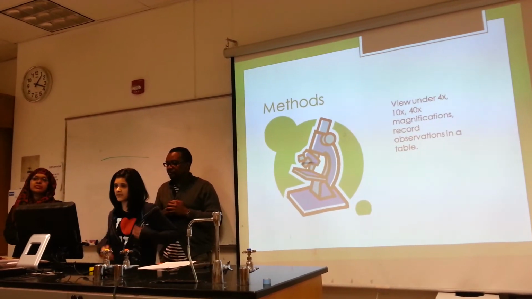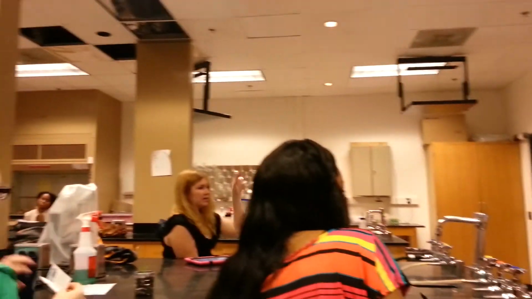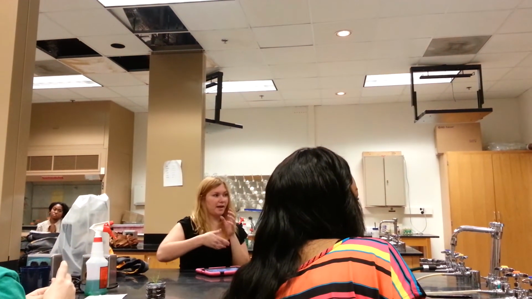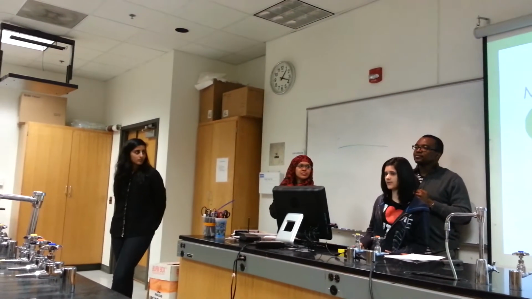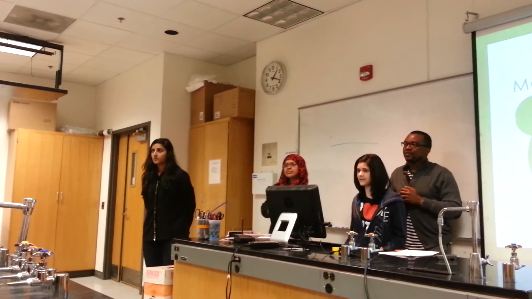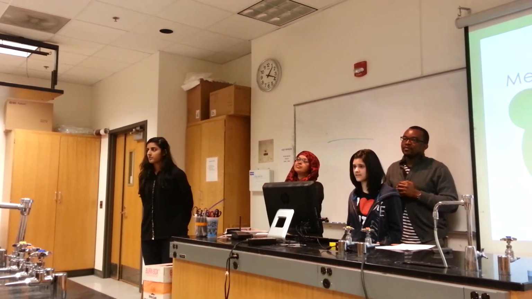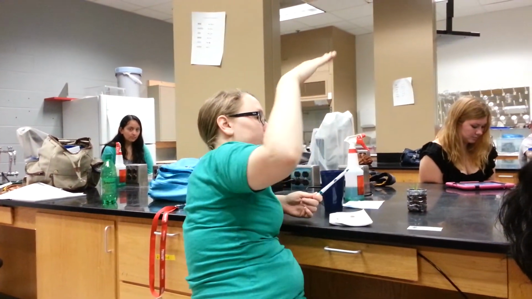Does anyone know the proper way to hold a microscope? Yeah. One hand holding the arm, which is the back of it, and then one under the glass base. And does anyone know the difference between the coarse adjustment and fine adjustment knobs? Well, okay. One of them moves the lens and the other one moves the stage. Yeah.